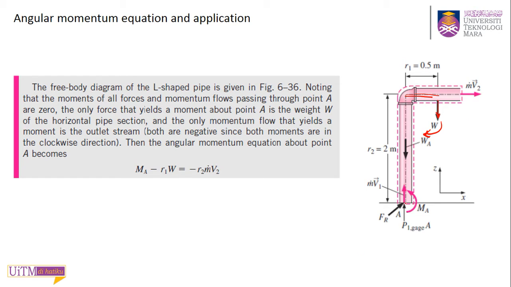This is your point A. So this weight will exert a moment clockwise. This is the distance, the arm for this W, and this W will have a moment acting clockwise. And the only momentum flow that yields a moment is the outlet stream.